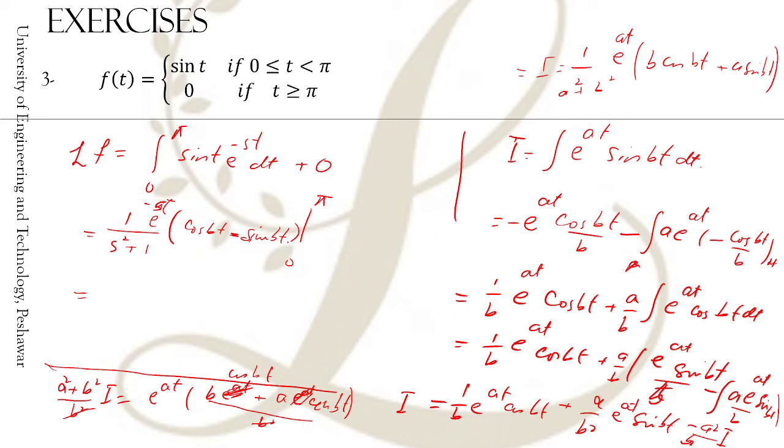So we can simply put t equal to pi. Okay, b is equal to 1, keep that in mind.